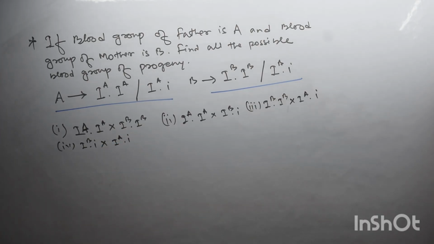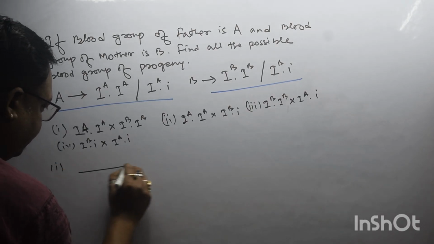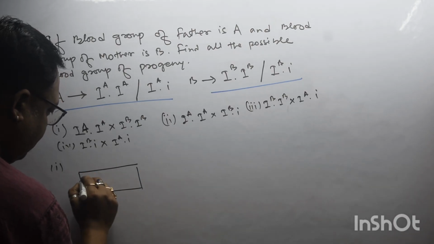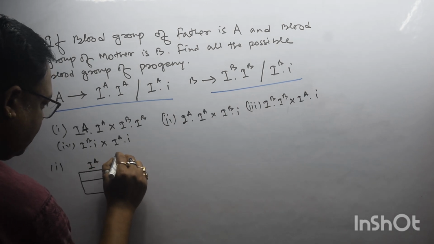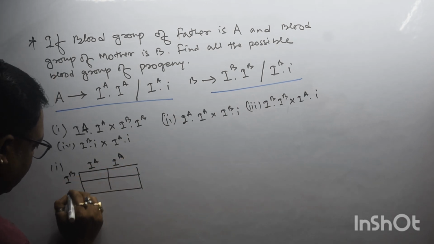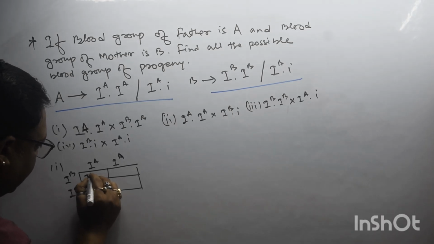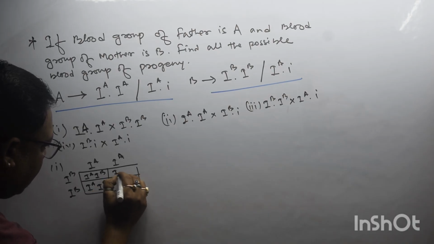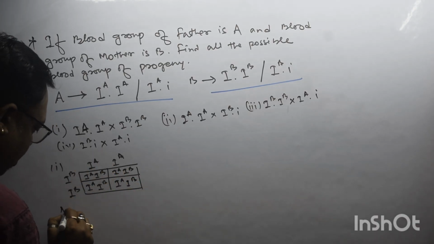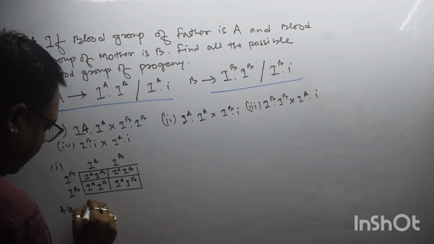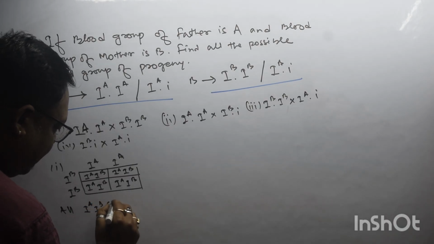Now if we do Punnett square for all the 4, number 1 it will be IA IA crossed with IB IB, so all progeny will be IA IB, that is AB blood group.